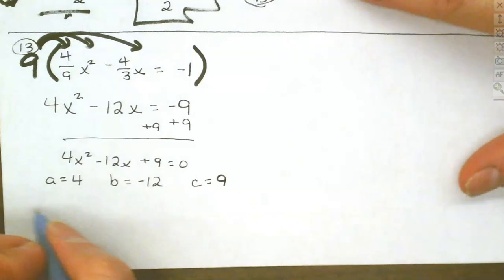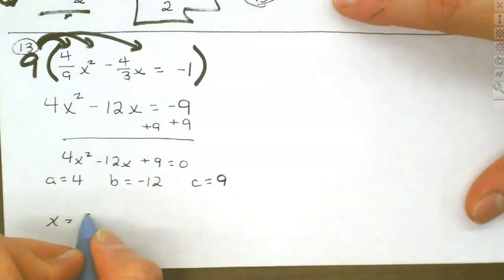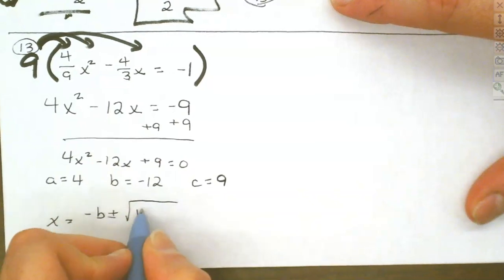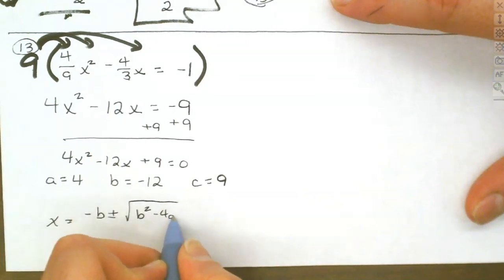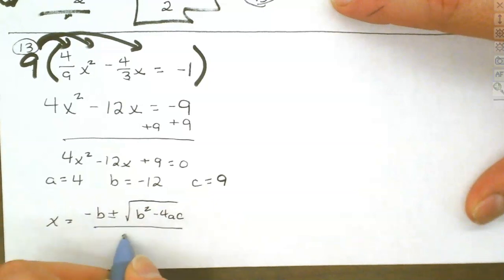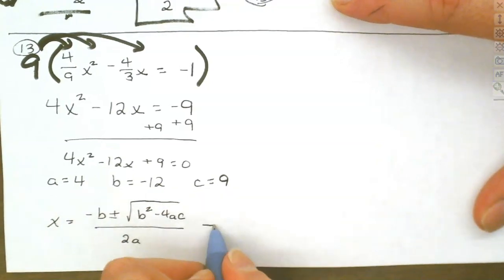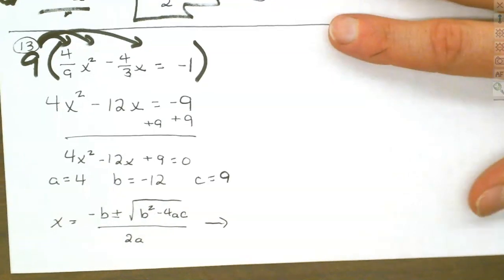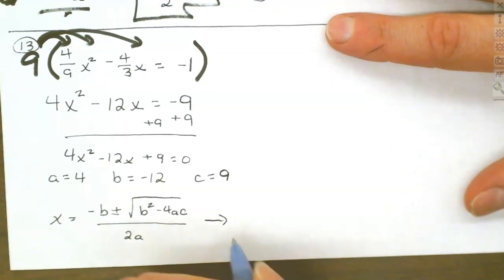Okay, write up our formula. X equals minus B plus or minus the square root of B squared minus 4AC over 2A. Plug your values in. So when I plug them in, watch out for double negatives.